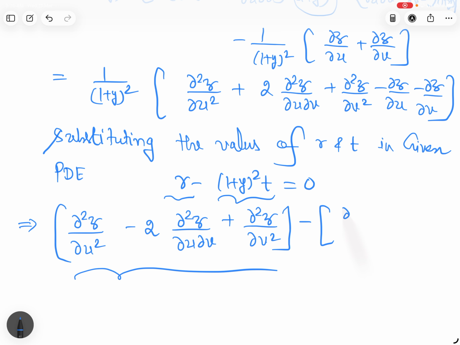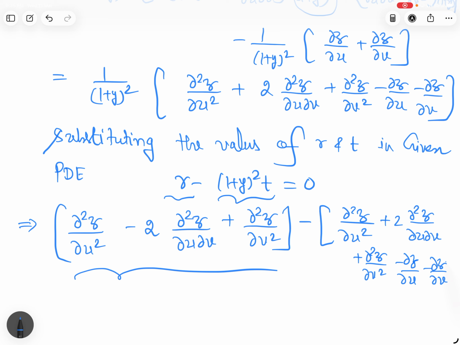What is this? del to z del u square plus 2 times del to z del u del v plus del to z del v square minus del z upon del u minus del z upon del v. So this is the second part.